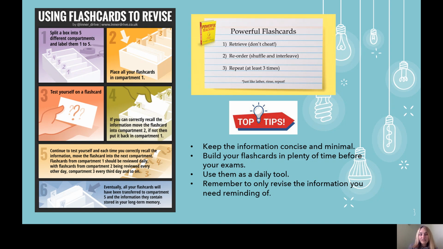Now, what I would advise for this is that you either colour code your subjects or you have a different box per subject, because you don't want to overload yourself with information. So a different box per subject, or you colour code. And if you colour coded all of your maths key terms, for example, on a blue card, you would only then concentrate on those blue cards in that session.